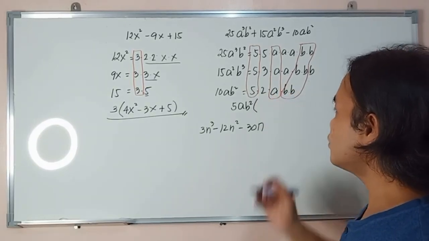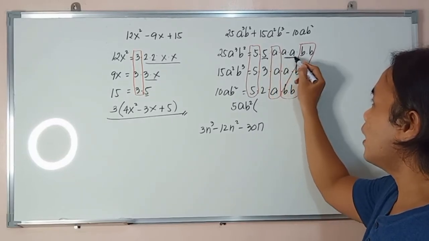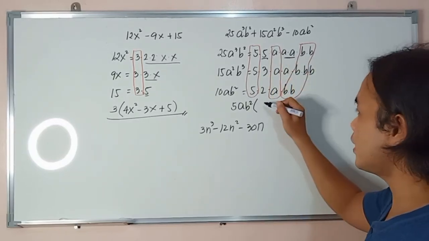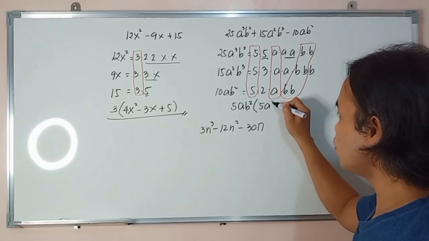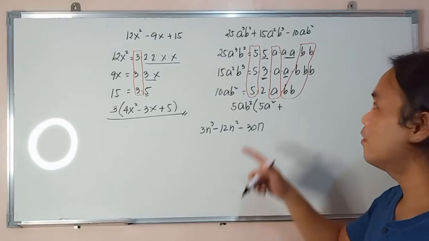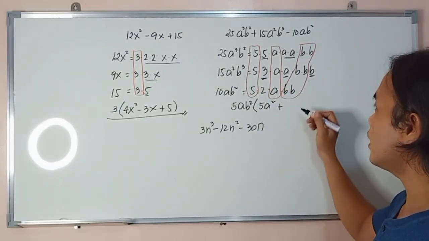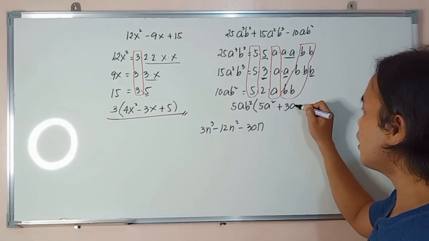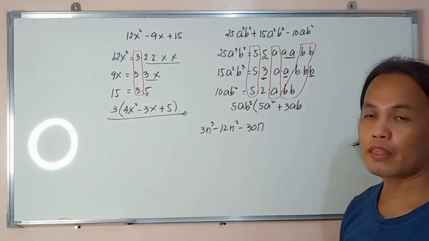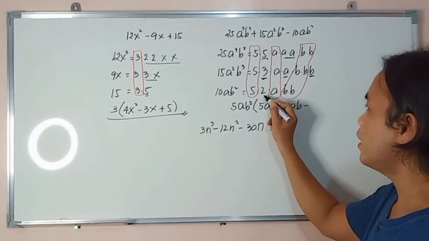Then the remaining factor for the first term is 5a squared. So we write here 5a squared. We copy plus. The second term we have 3a and b. So we write 3ab. Then we copy minus. The third term we have 2.